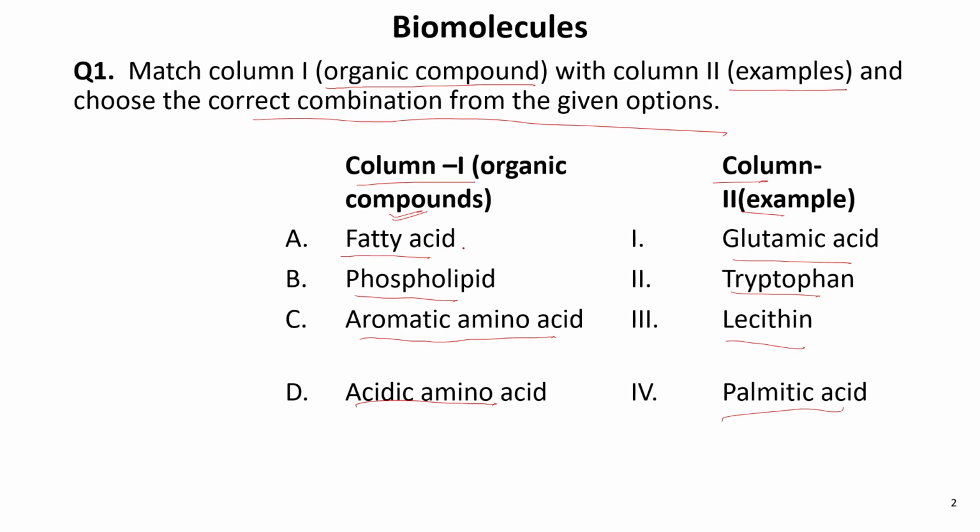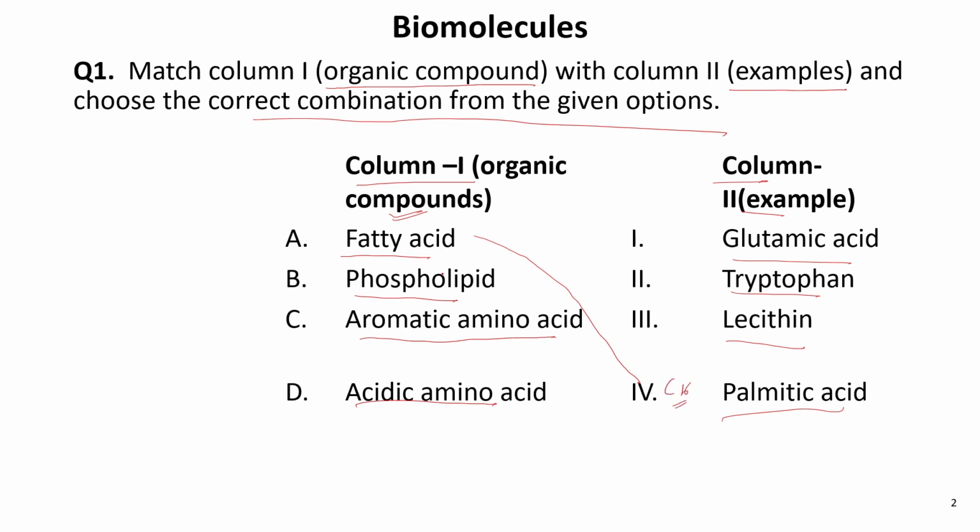So which is the fatty acid? Glutamic acid is not a fatty acid. Tryptophan is an amino acid. Lecithin is a phospholipid. And palmitic acid, yes, palmitic acid is a 16 carbon fatty acid.